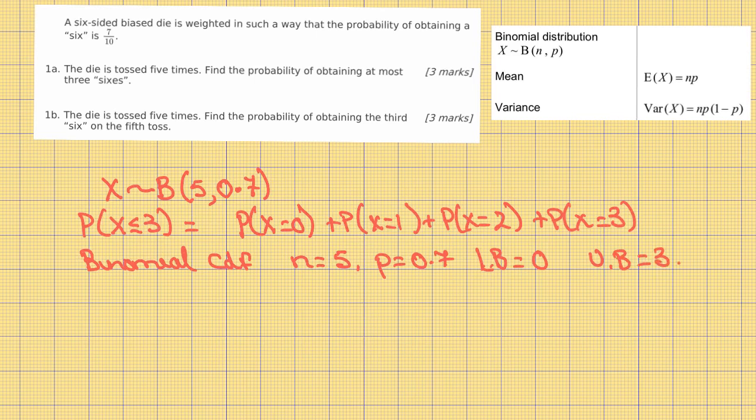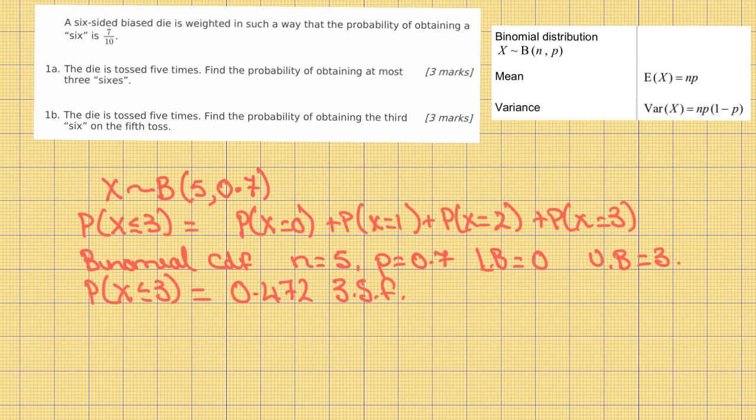And when you put that into your calculator, you get the probability that x is less than or equal to 3 is equal to 0.472 to 3 significant figures.